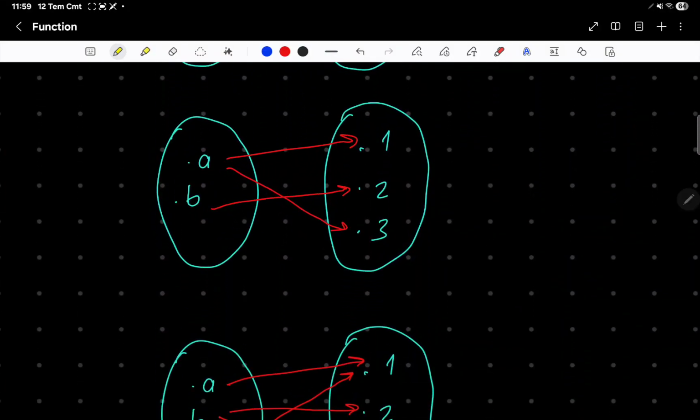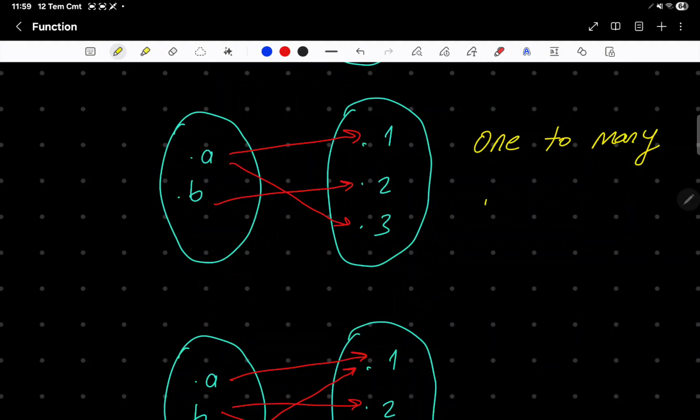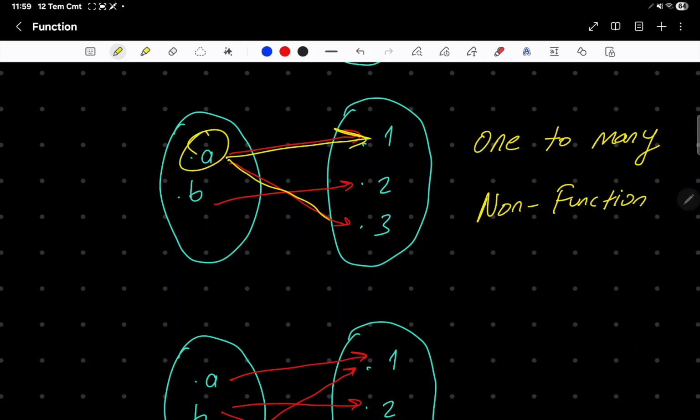Example three: A to 1, A to 3, one to many, non-function, because the same input has two different outputs.